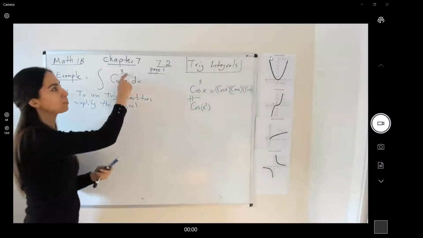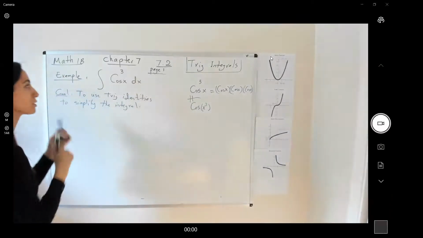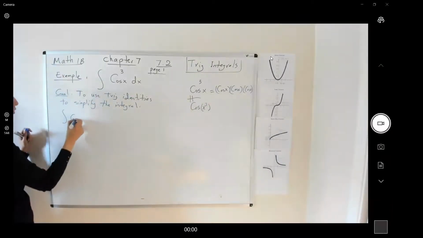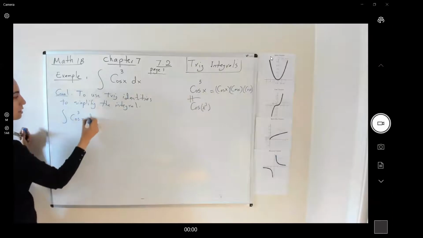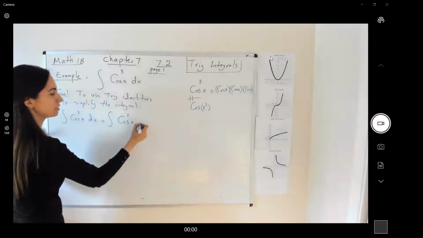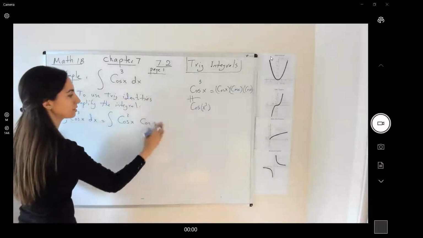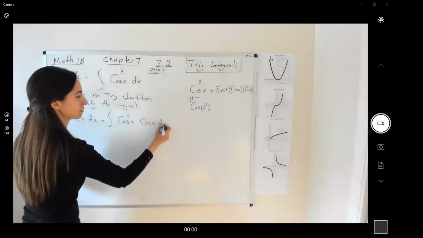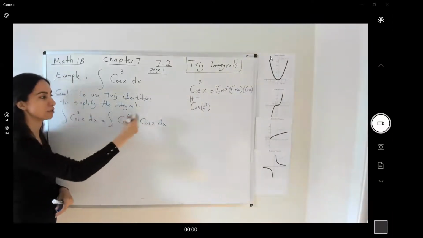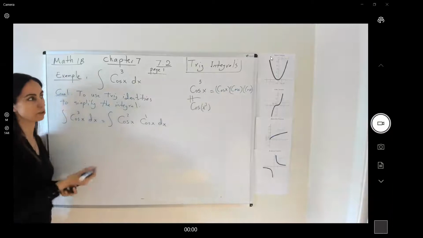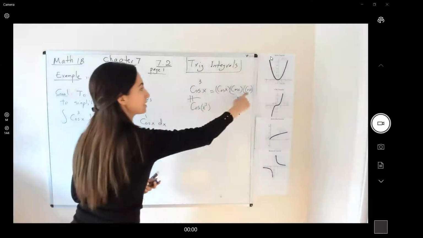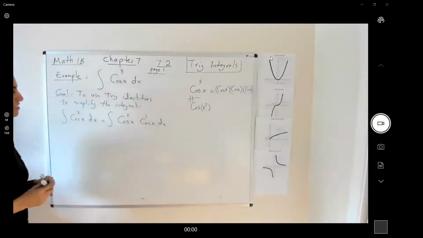I have exponent 3, so I can rewrite this integral this way. I can write integral of cosine to the third of x dx as integral cosine squared times cosine x dx. So cosine to the third can be written as cosine squared times cosine to the first. Cosine times cosine is cosine to the second, and times cosine.